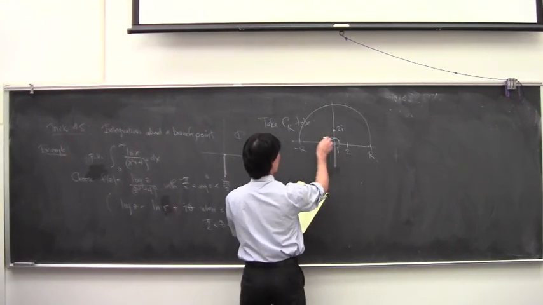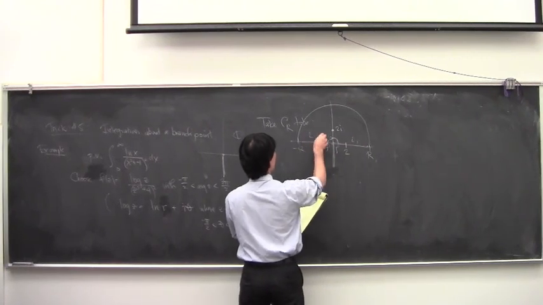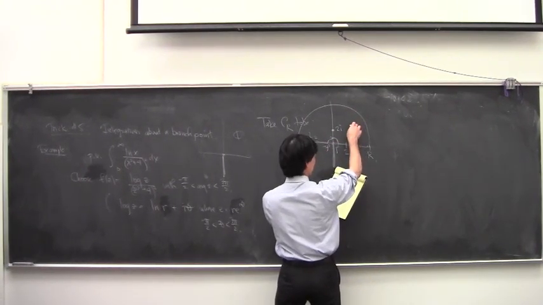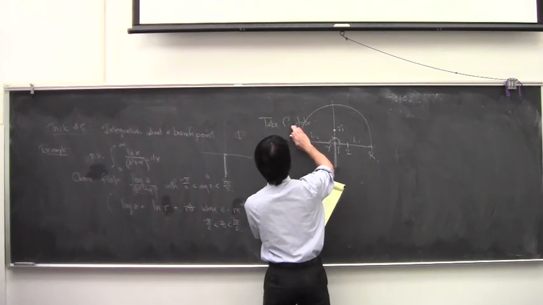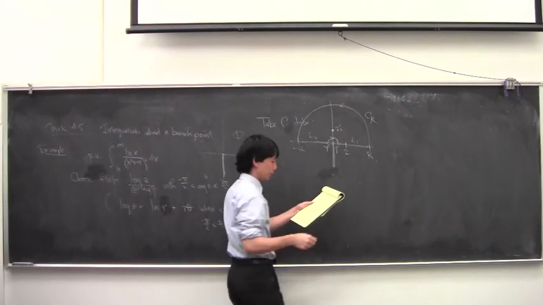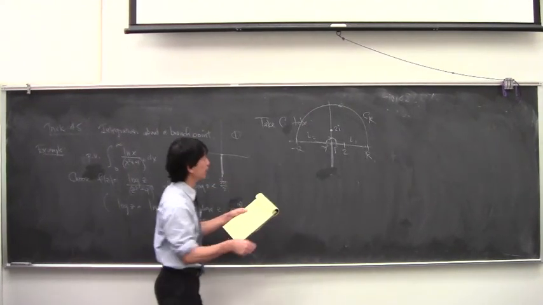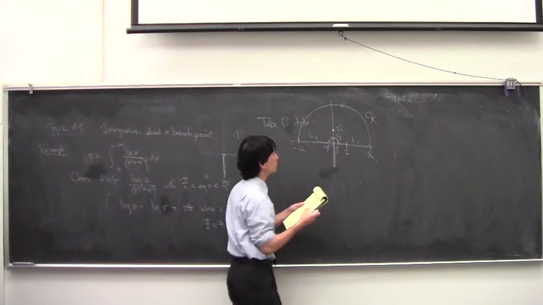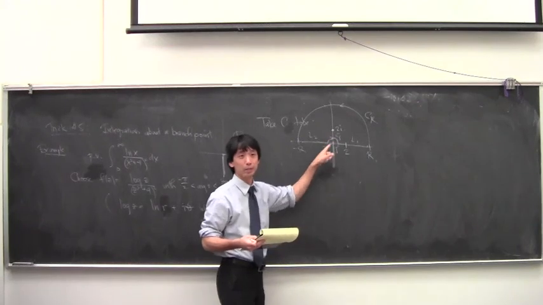Let's call these L1 and L2, C will be the whole contour, C sub R will be the upper part of the contour, and C rho will be this small circle here.